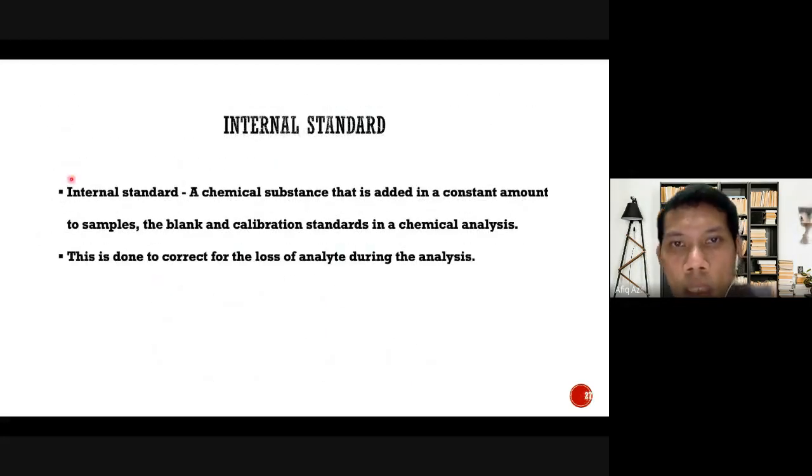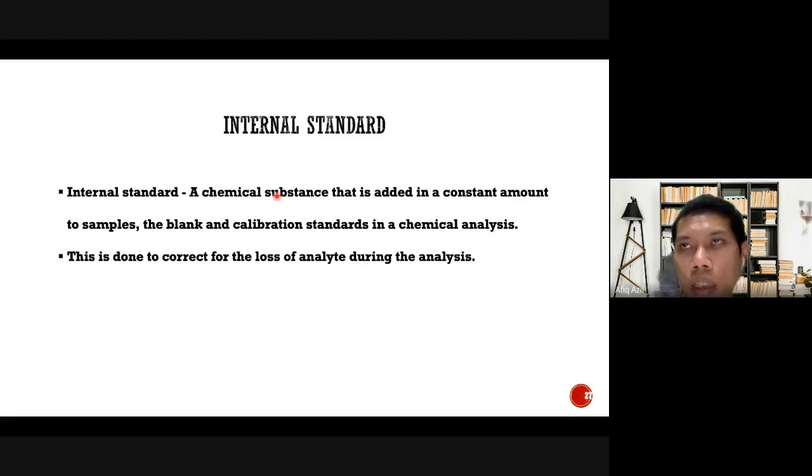Next, the internal and external standard. Internal means the standard itself is included in the sample. This is a chemical substance that is added in a constant amount to samples, the blank and calibration standards in a chemical analysis.